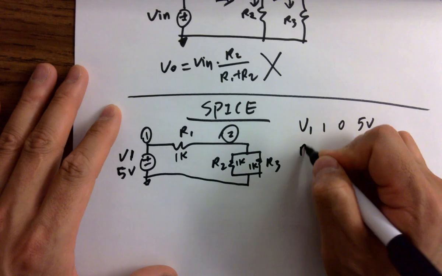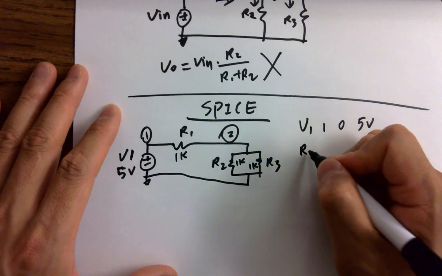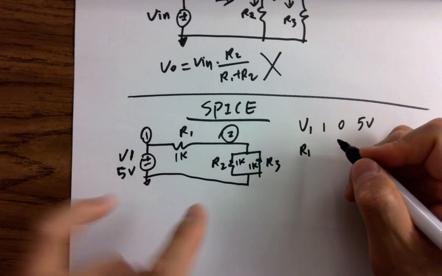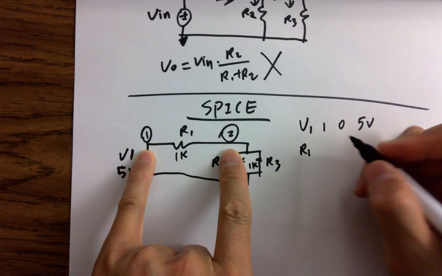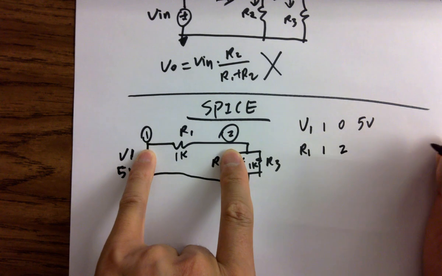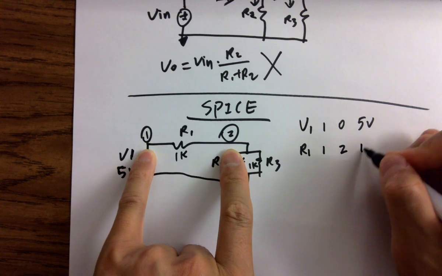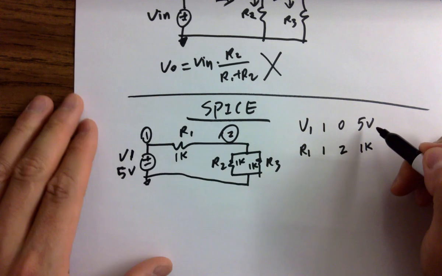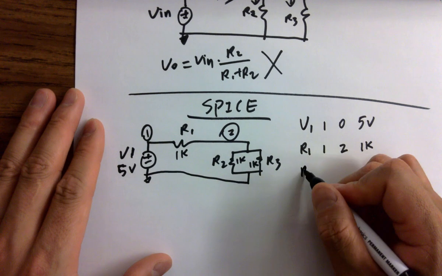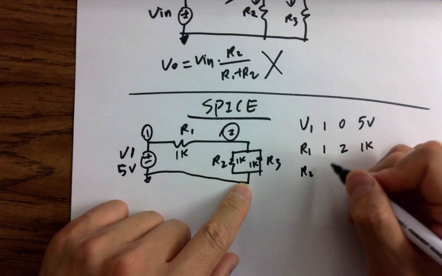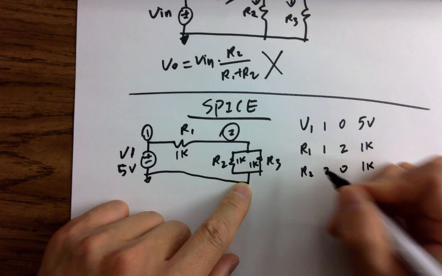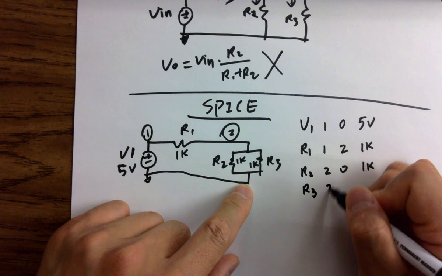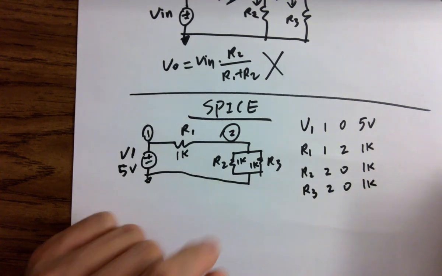And then R, so it's being recognized as a resistor, so R1. And R1 is connecting to 1 and 2, these two nodes. And it's 1K. No space in the middle. And then R2 is 2 to 0, and it's 1K. And R3 is 2 to 0 as well, 1K.